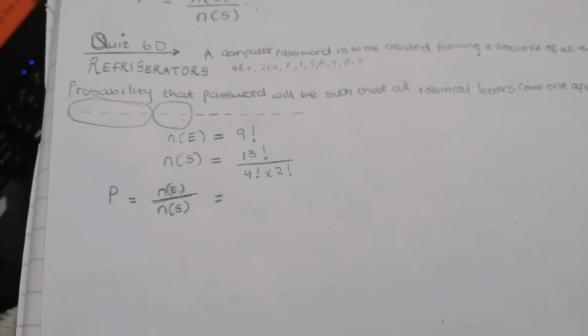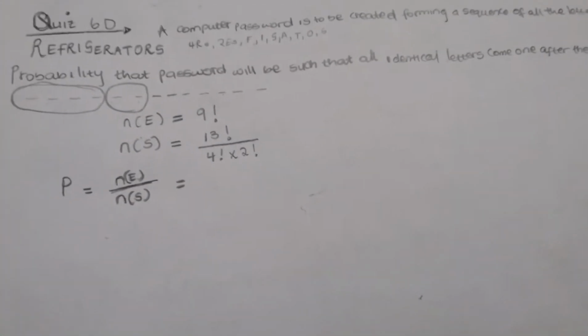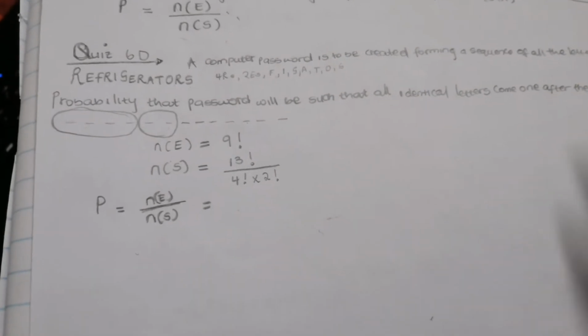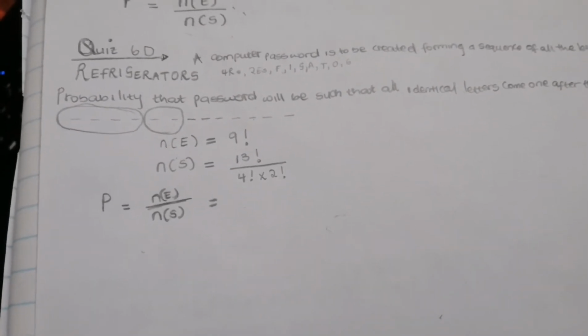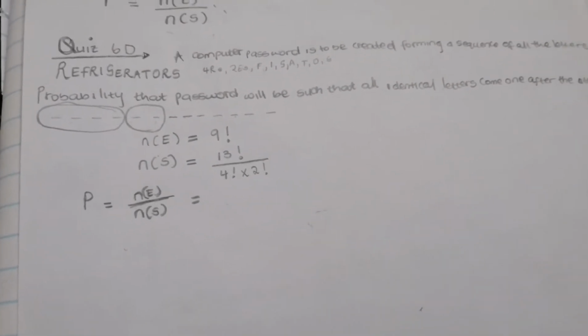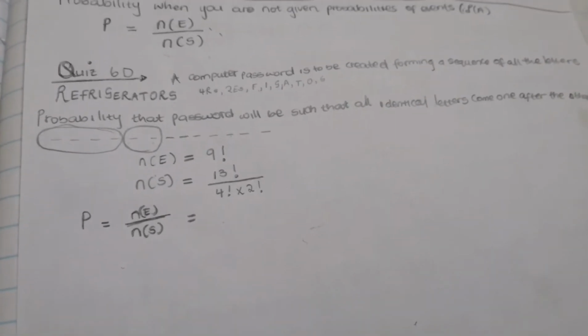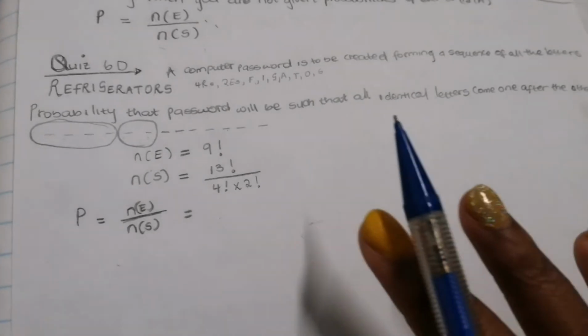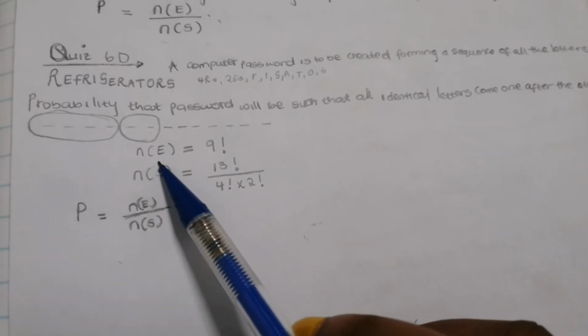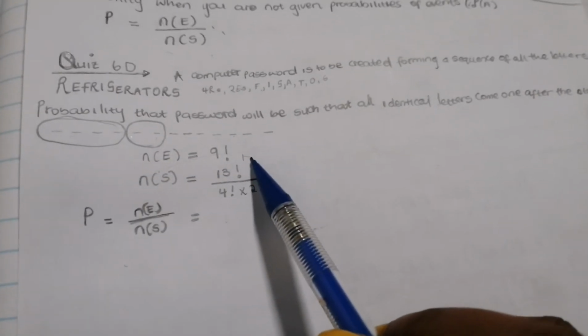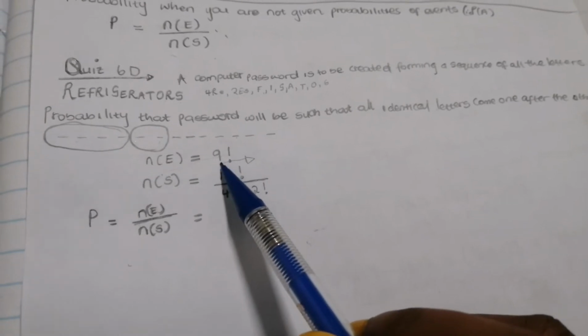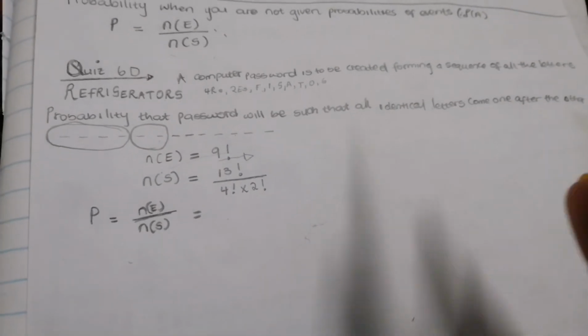This is the answer that you'll get, but don't worry about the answer. I believe that now that you've done counting methods, you can find n(E) from counting methods.